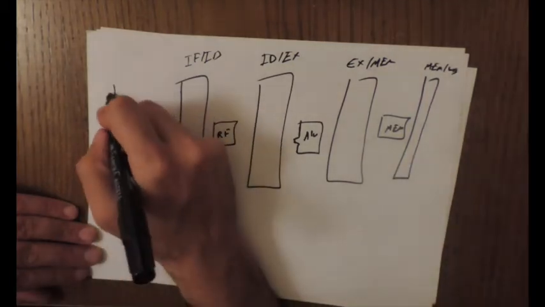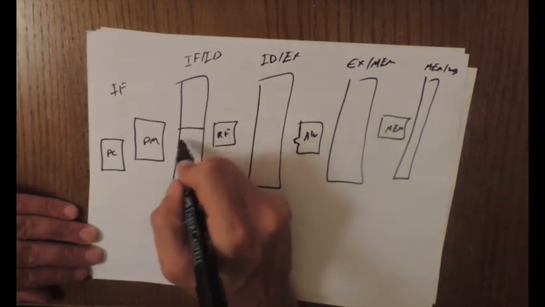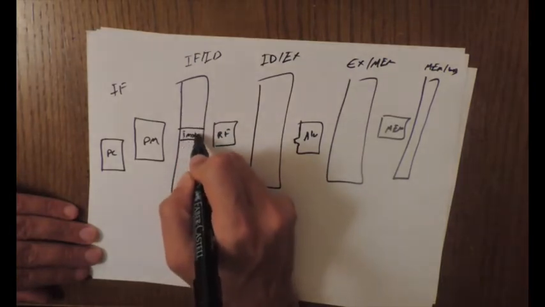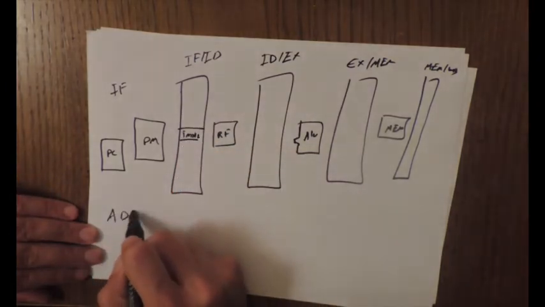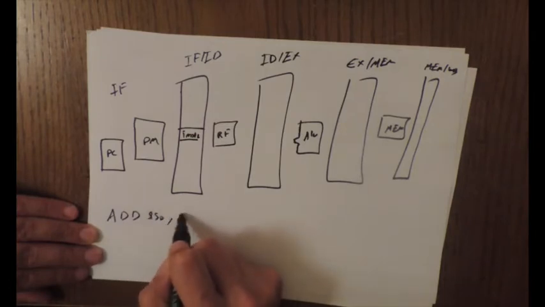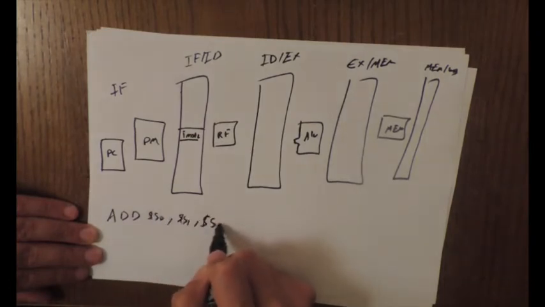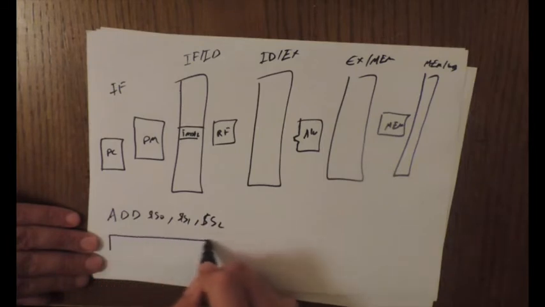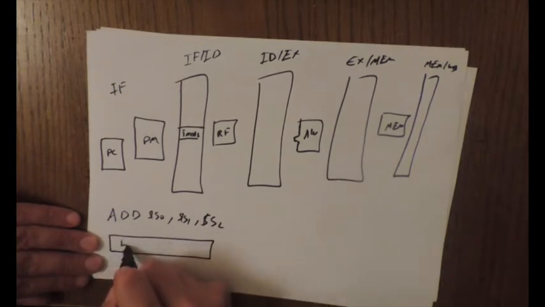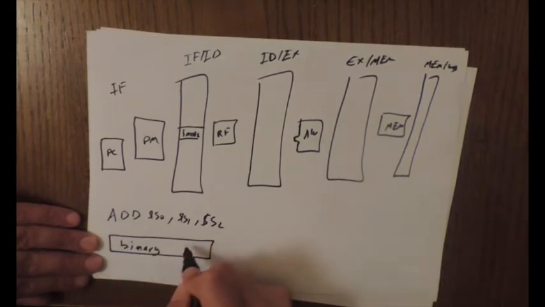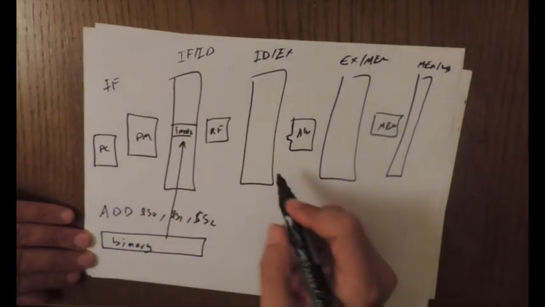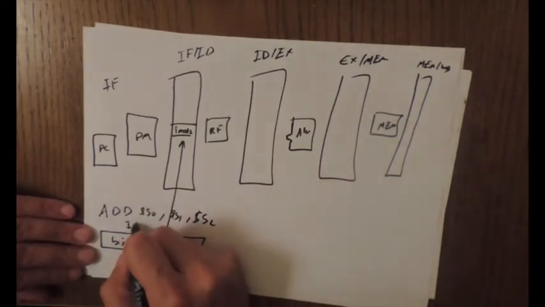So in the fetch stage, the package is the instruction. So if I have add $S0, $S1, $S2, the package will be the instruction in binary, in machine language, will be here. Now this is in fetch.